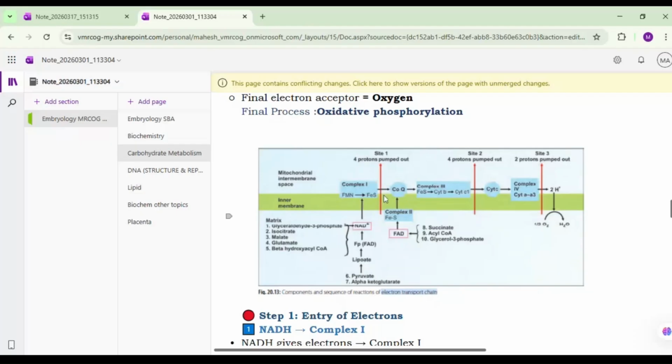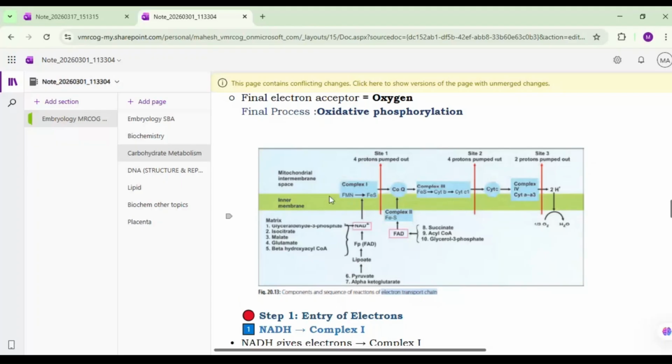Here is complex 1, then complex 2, complex 3 and complex 4. These are the 4 complexes across the inner mitochondrial membrane.